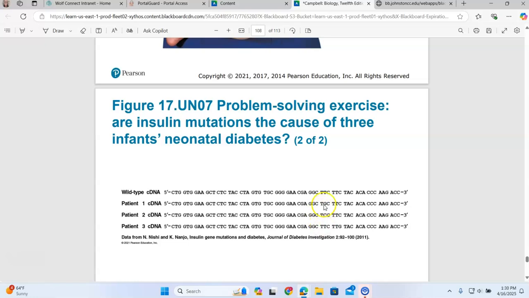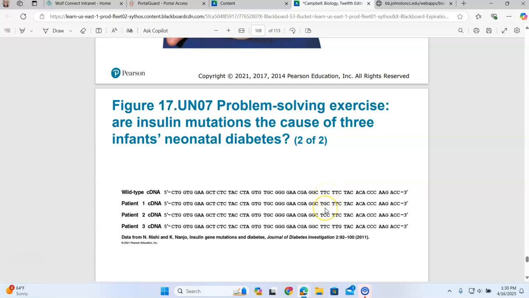Oh, okay. So right here, the wild type cDNA is just the DNA that's used as a comparison here. The wild type has TTC in this area. So this triplet group of nucleotides is TTC.